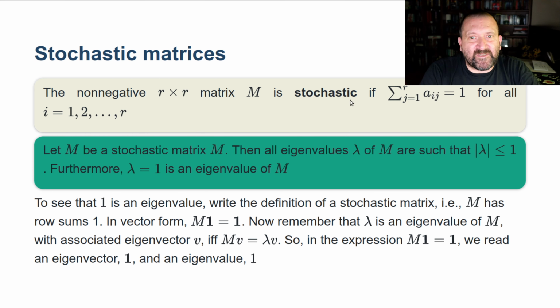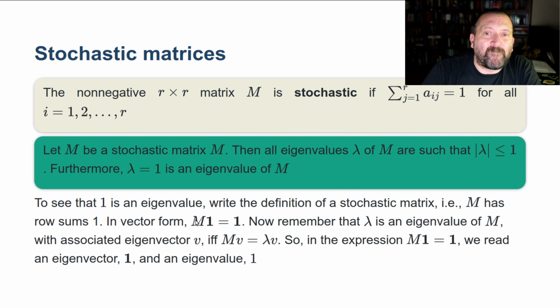When you have a stochastic matrix, it's a non-negative matrix, but it also has row sums equal to 1. If you have a stochastic matrix, then there's a property that says that all eigenvalues are with modulus less than or equal to 1. So the spectral radius of the matrix is 1, because, I should add, lambda equals 1 is an eigenvalue. And this is very easy to see.